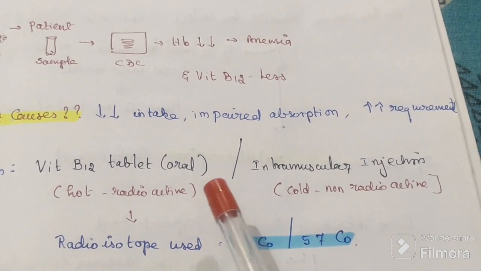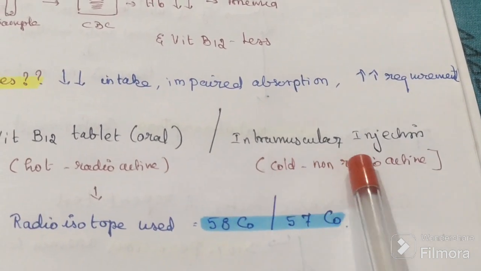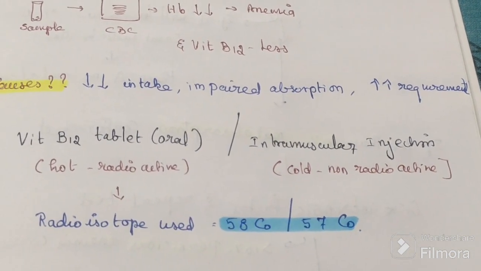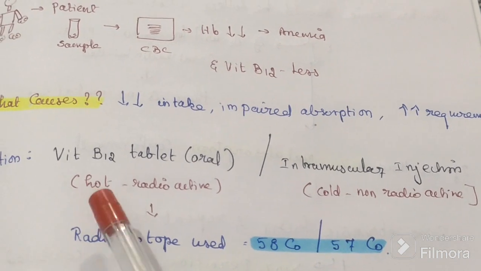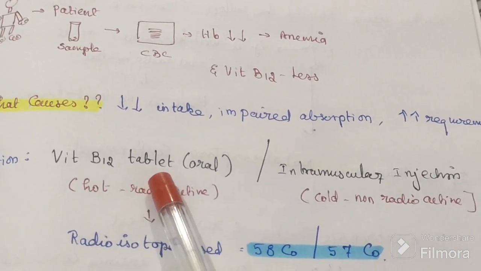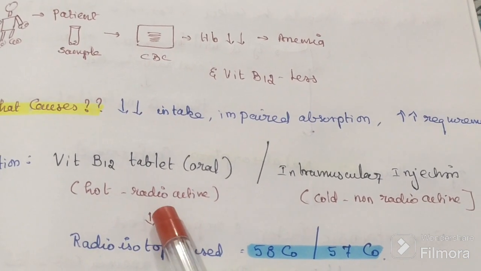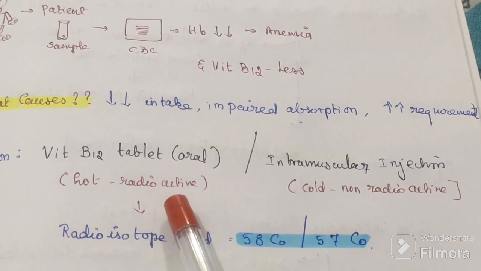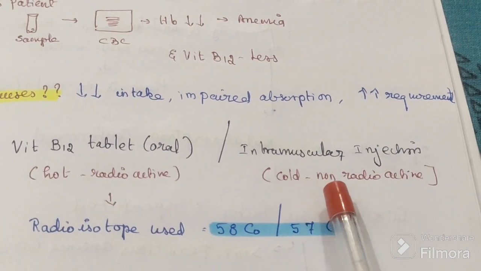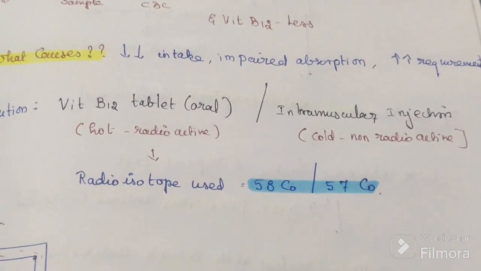Otherwise, an intramuscular injection, cold or non radioactive. So we give vitamin B12 in tablet form, the hot radioactive one, then an intramuscular injection, the cold one, non radioactive.